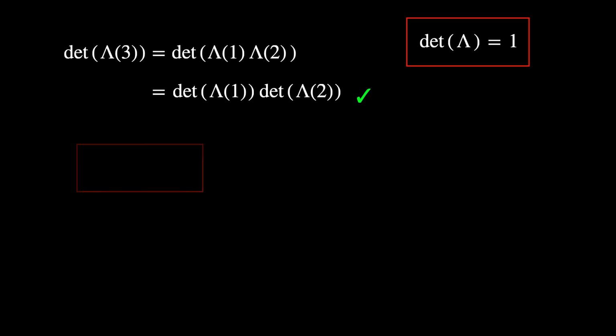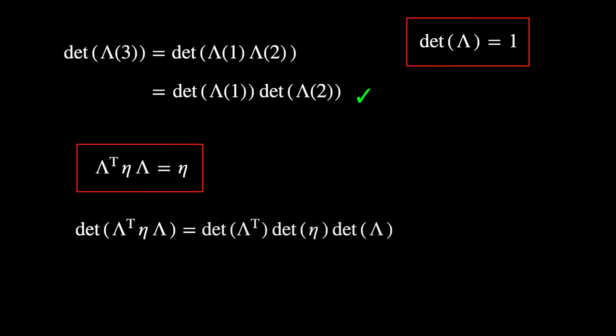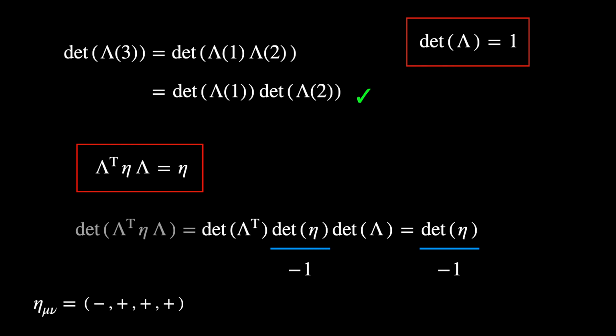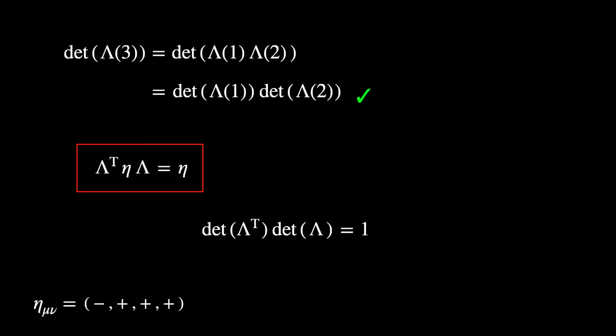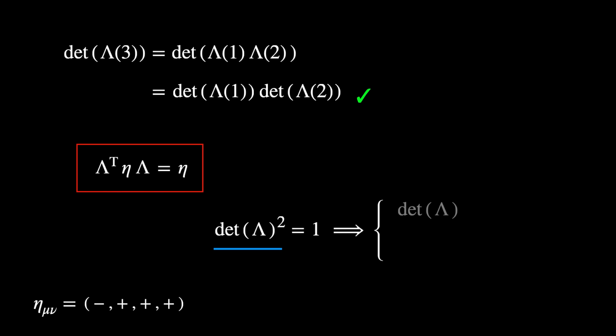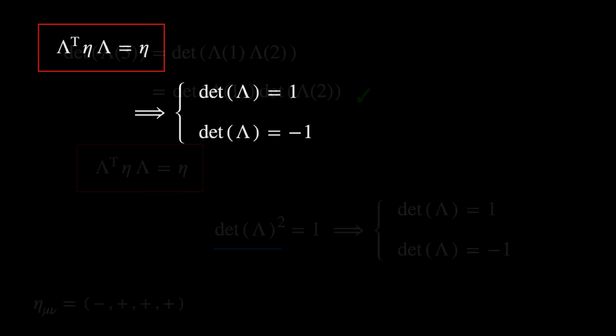What does our invariance equation say about the determinant of lambda? The determinant of eta cancels on both sides of the equation. And since a matrix and its transpose have the same determinant, we have, which implies that a Lorentz transformation can have determinant of either 1 or minus 1.